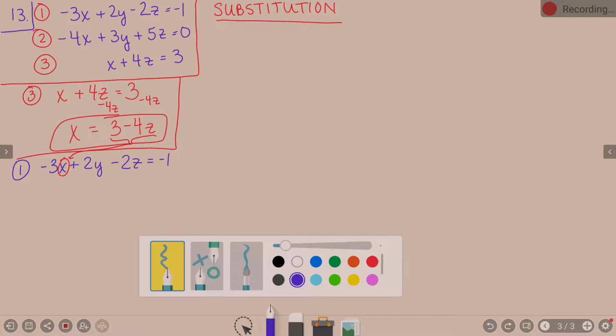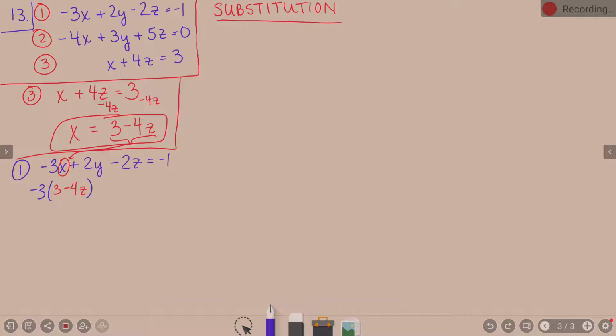So, negative 3 times (3 minus 4z). Then write the rest of the equation: still plus 2y, still minus 2z, still equals negative 1.